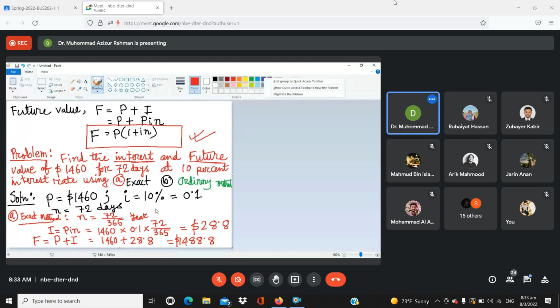If we use ordinary, so n equals how much then? 72 divided by 360 years.